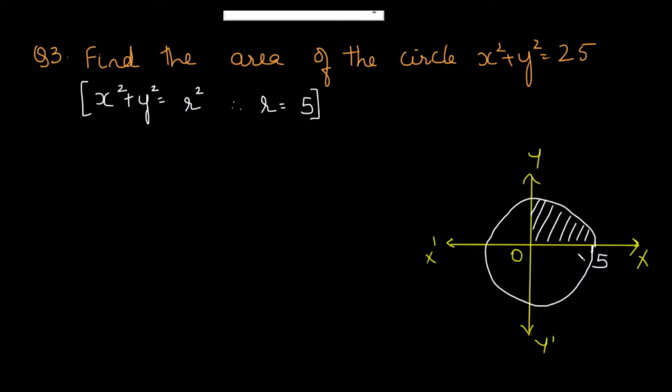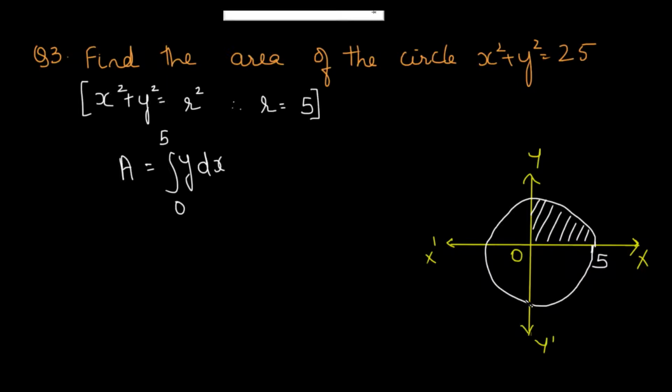So the area which we can find is given by this formula, A is equal to integral 0 to 5 y dx. But that gives us only the area in the first quadrant.